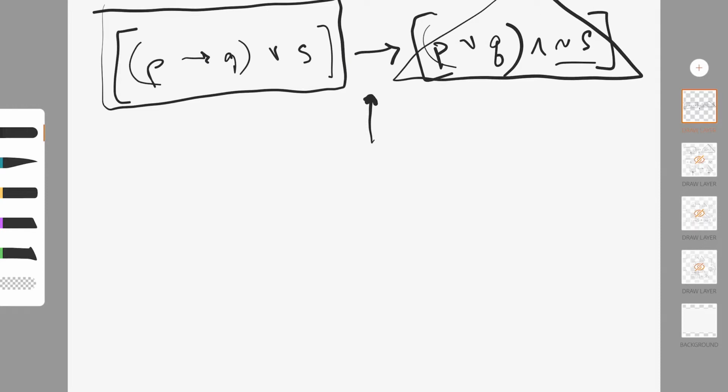While this is the operator of largest scope, we split into this P or Q and not S. We can treat this expression sort of like fresh, right? Because we know it's a component part of this material implication.